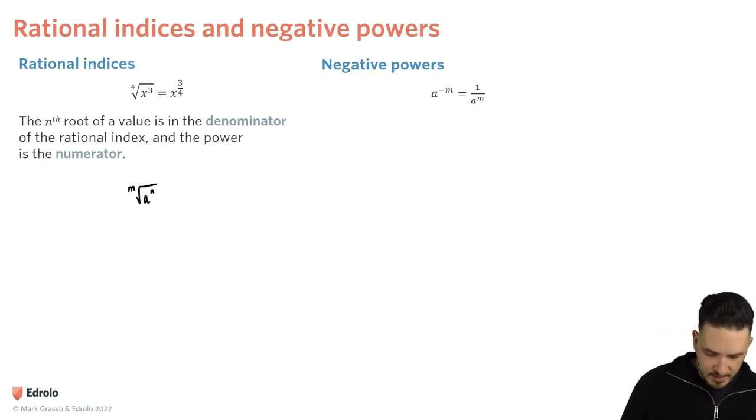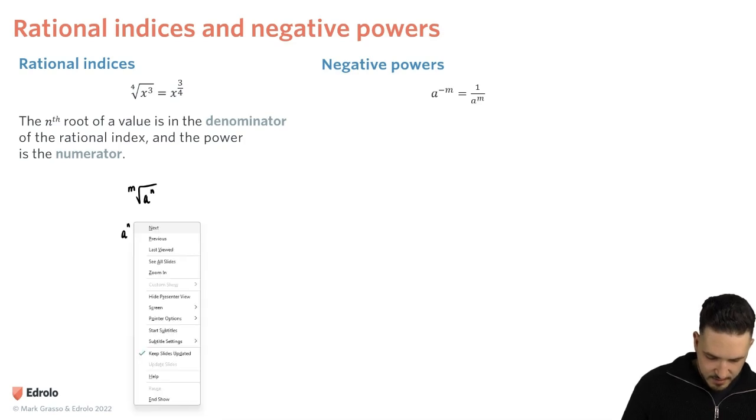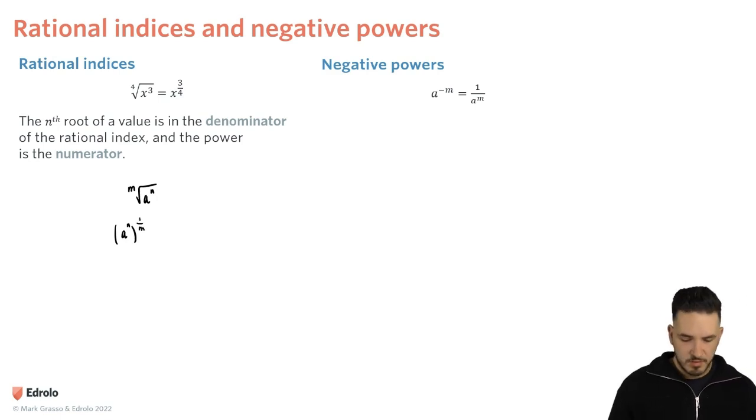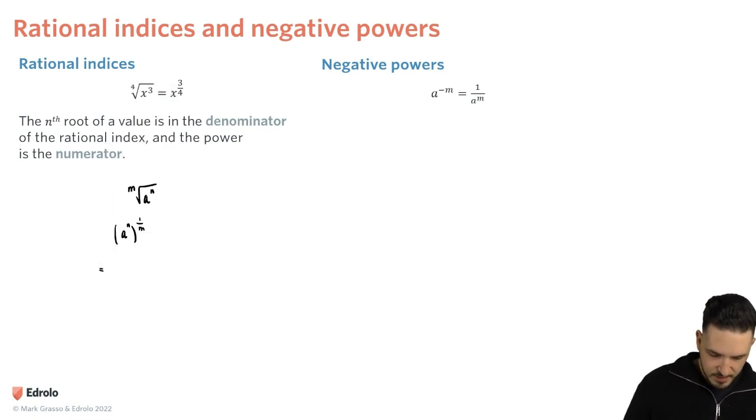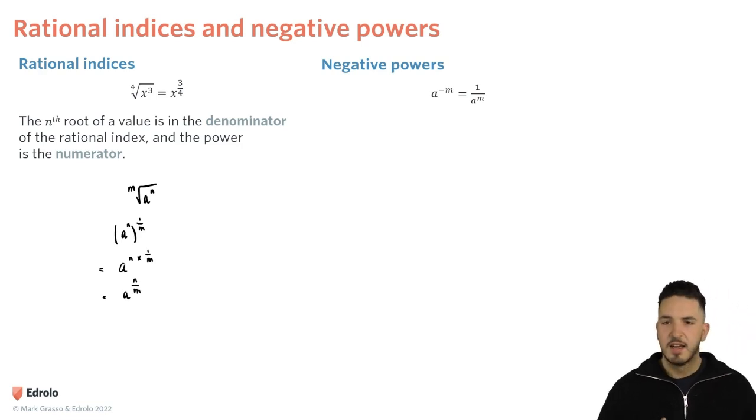So we could say that a to the power of n has been raised to the power of 1 over m. And then multiplying these two powers, this is equal to a to the power of n times 1 over m, which is equal to a to the power of n on m. So that's where that proof of rational indices and that index law comes from.